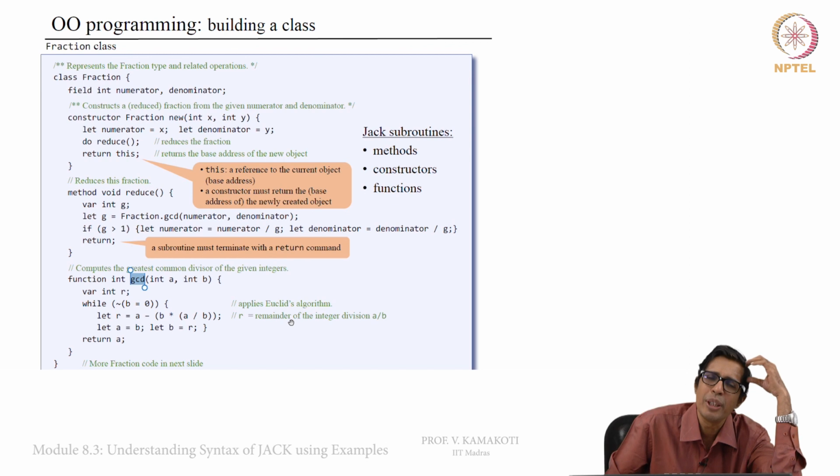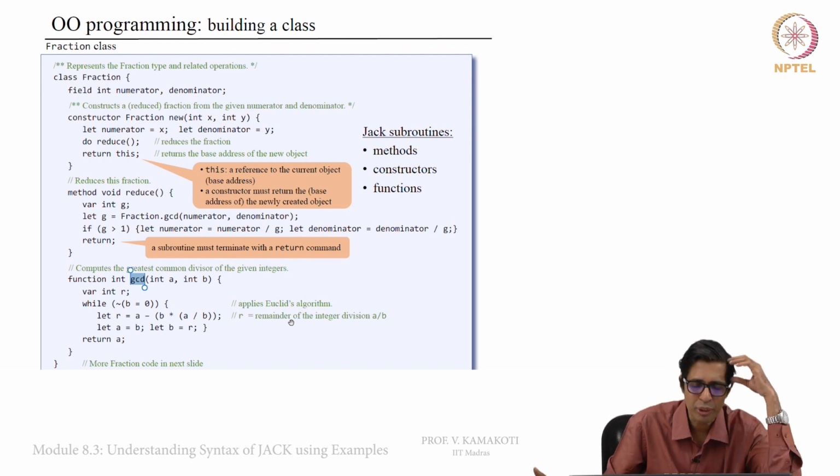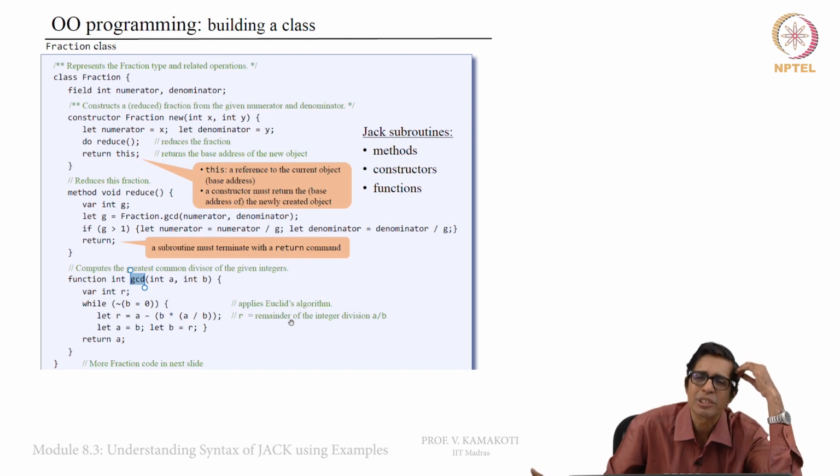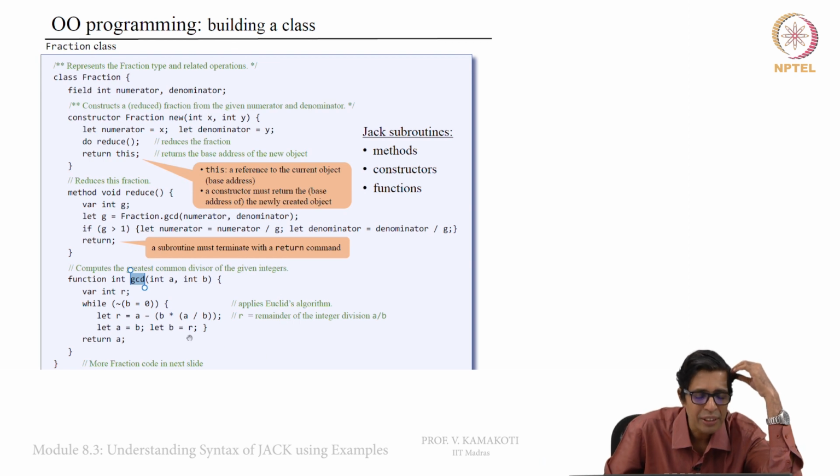I hope all of you know Euclid's algorithm for finding the greatest common divisor. If you don't know, just go to Google and find out. It basically finds the remainder r of a by b and it makes a equal to b and b equal to r, and it keeps on repeating. So, that is Euclid's algorithm. So, this will return the GCD. Okay. Now, this is how it works.